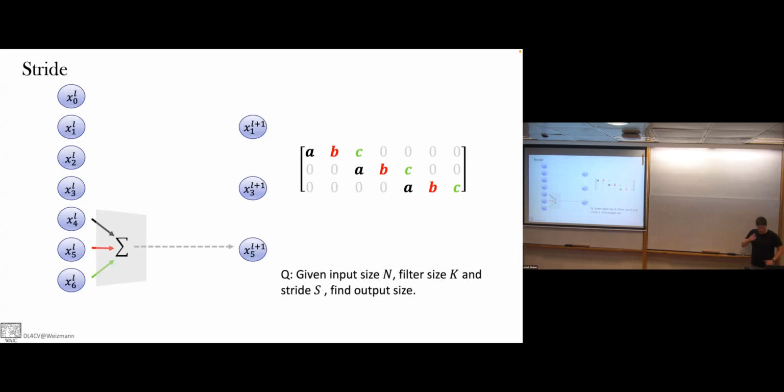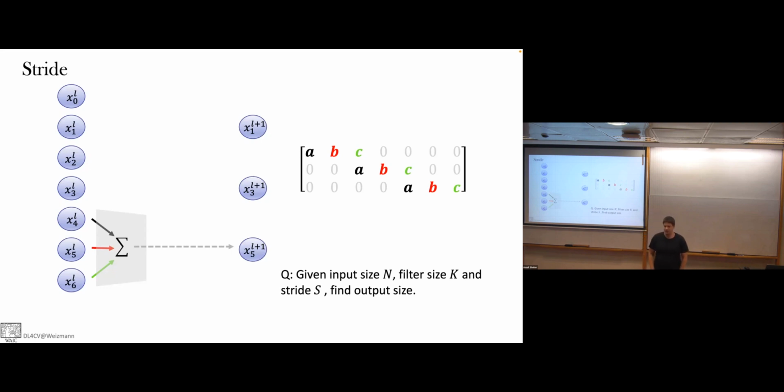Here's another, maybe a little harder question. Say we have input size n, and we have the filter size k, and the stride is s. What's going to be the output size? Any quick thinkers? Minus k plus 1 minus s. No, minus. Wait.